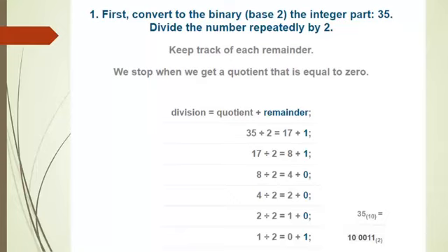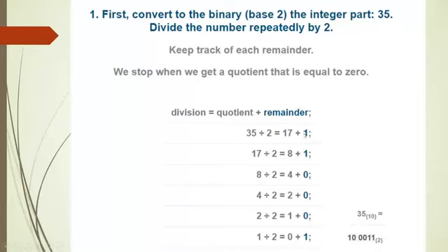If you have 35.7, you need to consider only 35 in the beginning. If you look at the slide here, division is equal to quotient plus remainder. So 35, you are going to divide it by 2. Whatever the remainder, you're going to place it, shown in blue.